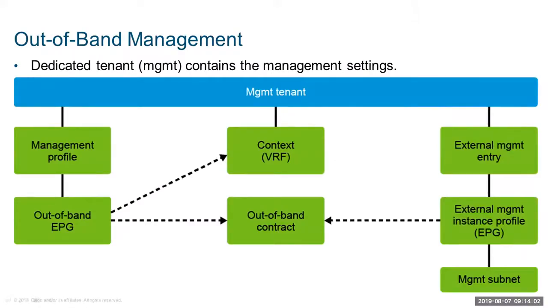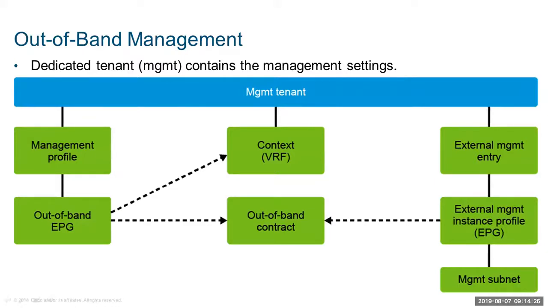Next, we take a look at the management aspect. So you do know that we have a separate tenant for management that's called the management tenant. You can use in-band or out-of-band management. Right now, for lab purposes, we are actually using out-of-band management, but you can actually enable both.